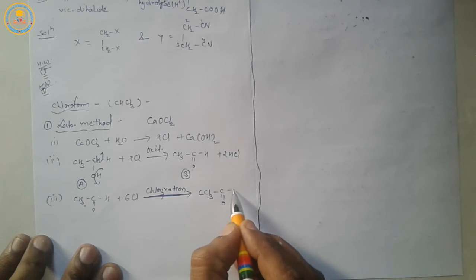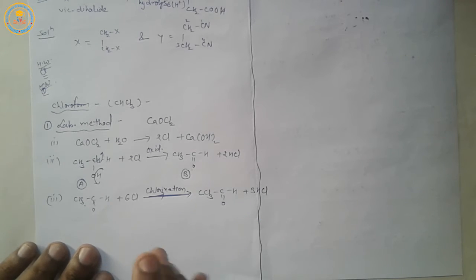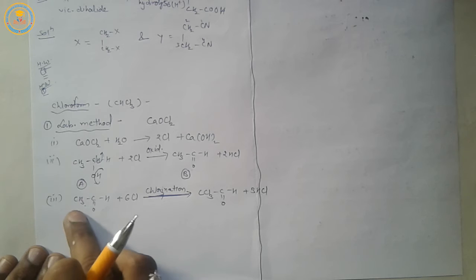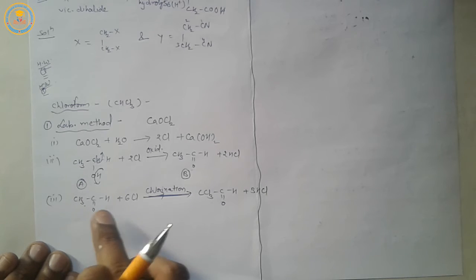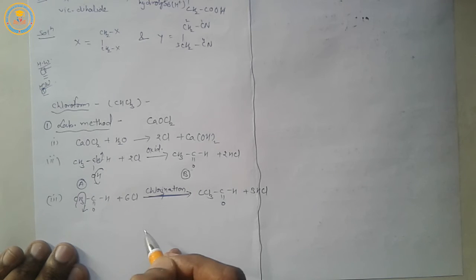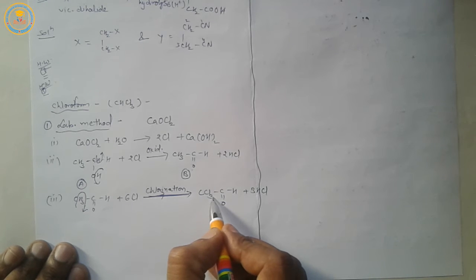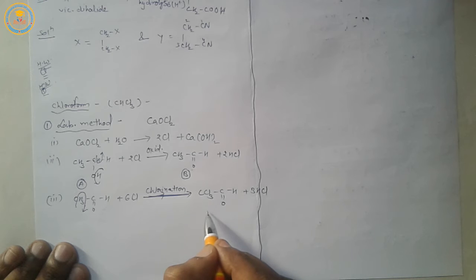So this is the chloral molecule. Here 3 hydrogen atoms of the methyl group in acetaldehyde are replaced by 3 chlorine atoms. So chloral, or trichloroacetaldehyde, is obtained.